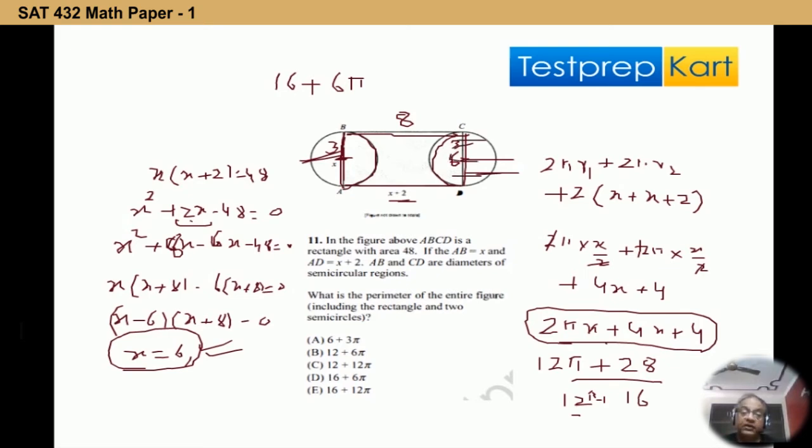So that will be 8, this is also 8, 16, and if the radius is 3, then this portion will be 3 pi, and this also 3 pi. So 3 pi plus 3 pi plus 8 plus 8, that gives me 6 pi plus 16, which is D actually.